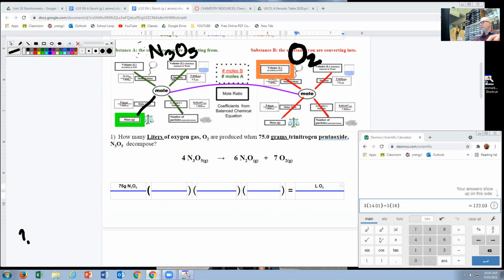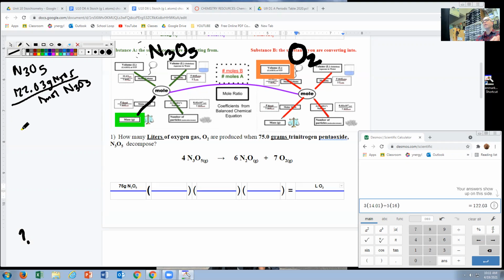Now, again, that's 122.03 grams per mole. So for N3O5, it's going to be 122.03 grams of N3O5 for every 1 mole of N3O5.